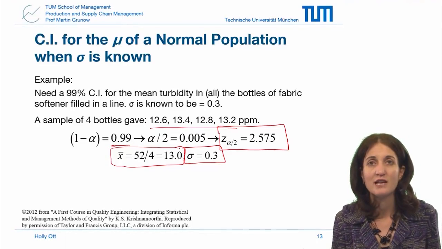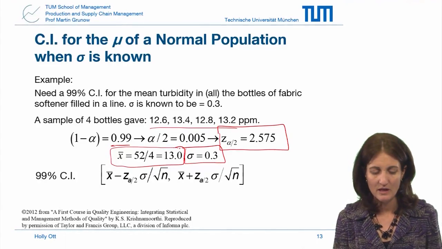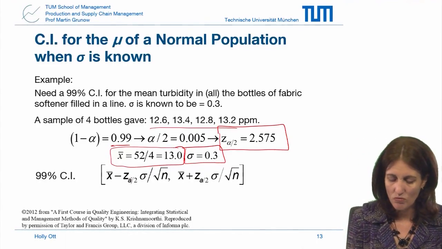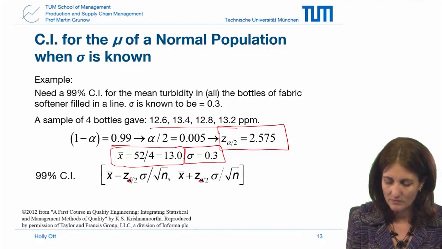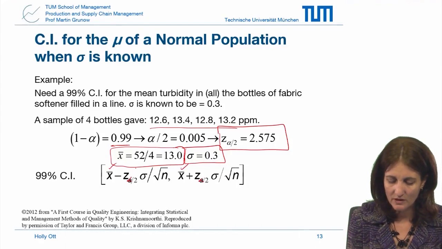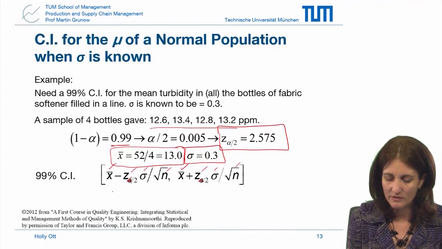So now we have all the elements we need for our confidence interval. We have x bar, we have z, we have sigma, and we have the square root of n.